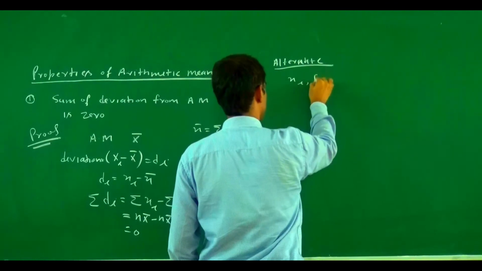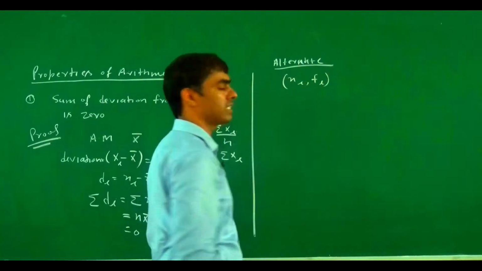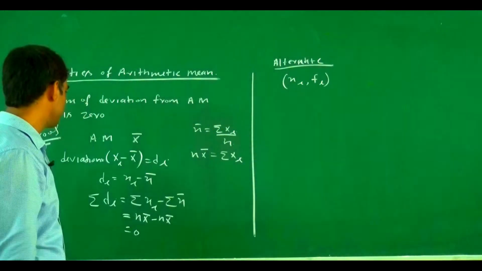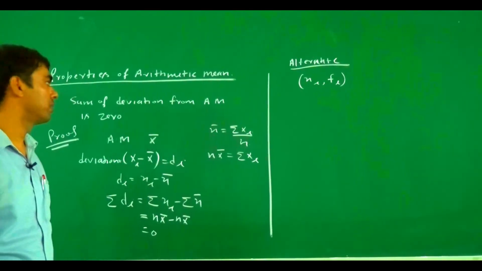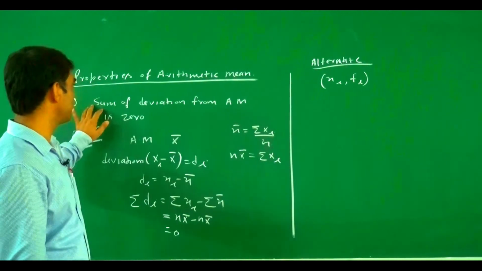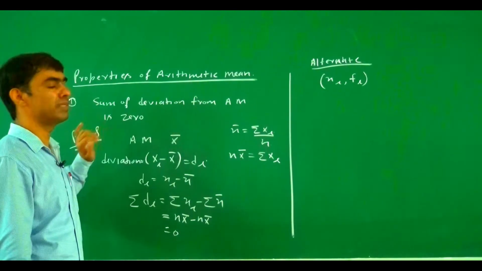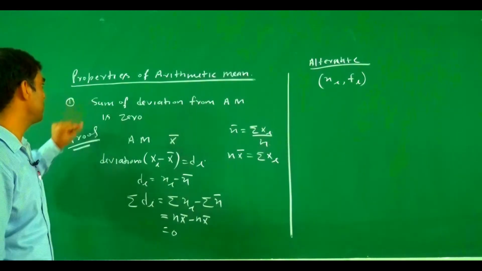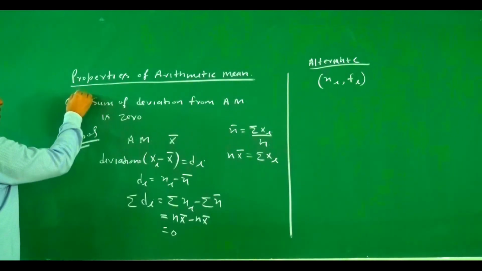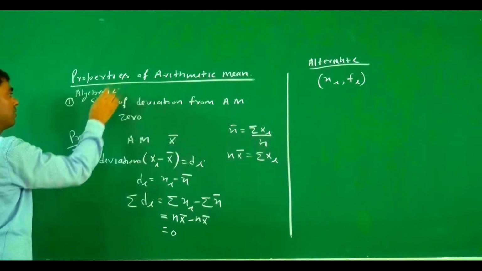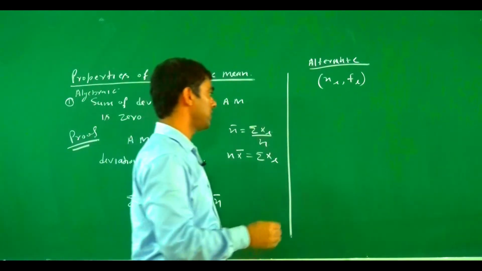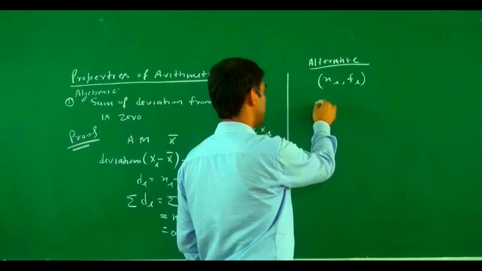If data is given in terms of xi, fi, then we find the deviation from the algebraic sum. So the algebraic sum of a deviation from arithmetic mean is 0. So here what we denote? Here we write what? Algebraic sum. So here then arithmetic mean is what?